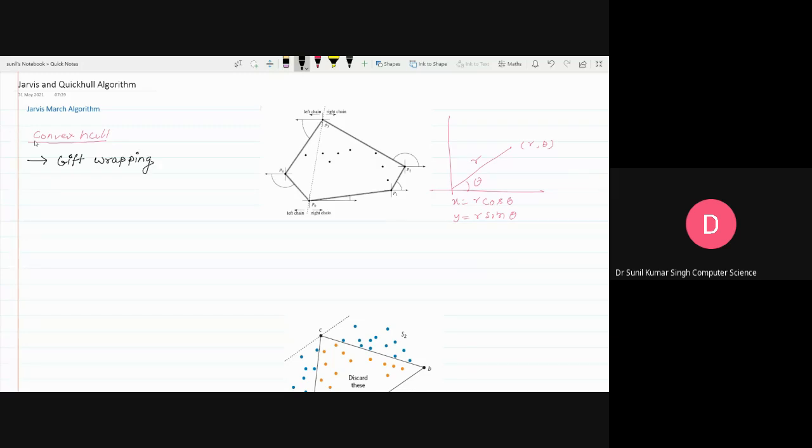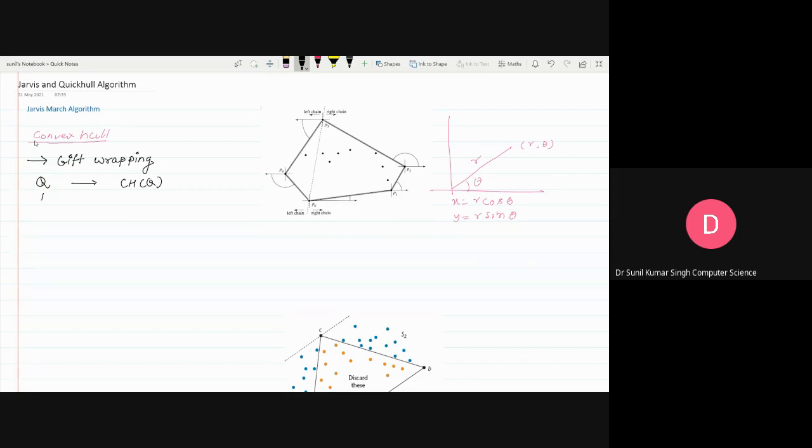Gift wrapping, or sometimes we can say package wrapping. If we have a set of points Q, then the points which will be part of the convex hull we can represent as CH(Q).